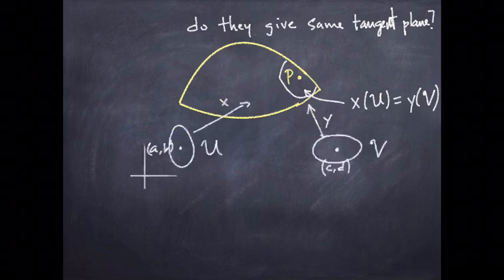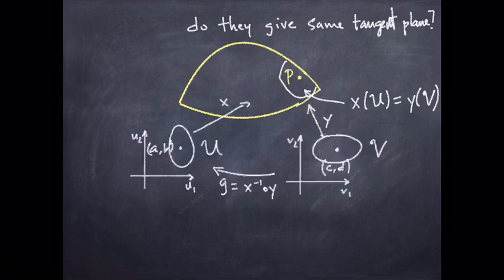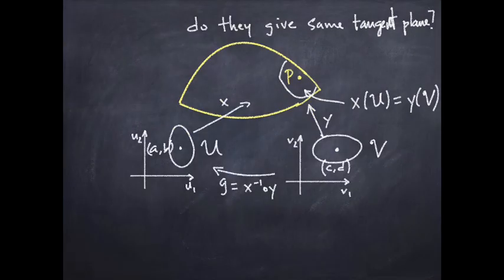I'm going to call C, D the point that Y takes to P. Okay, notice that C, D in the v1, v2 plane, Y takes it to P, and then if we follow that with X inverse, then we're taken over to the point A, B. Okay, so what we end up getting is a function g given by X inverse composed with Y, which goes from the open set V to the open set U. So the output of g is in the u1, u2 plane, coming from the v1, v2 plane.